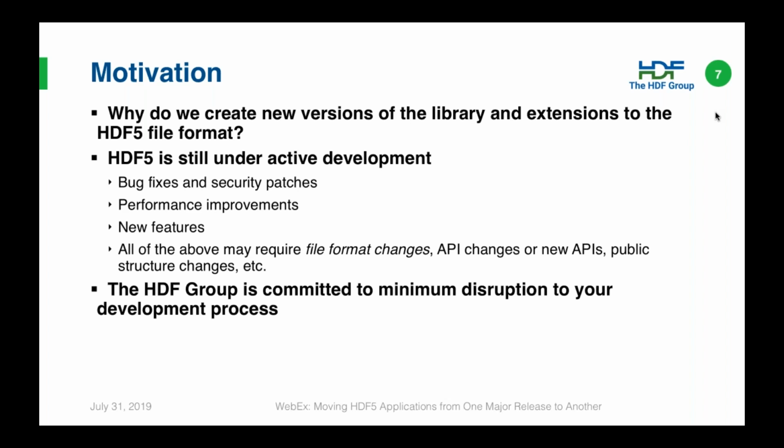There are new requirements for different types of data storage like cloud and object store. There are new requirements for speed of access to data, new requirements for management of data, and we add those new features. And sometimes those features and performance improvements, and even bug fixes, since it is almost legacy software, require file format changes, API changes, or adding new APIs.